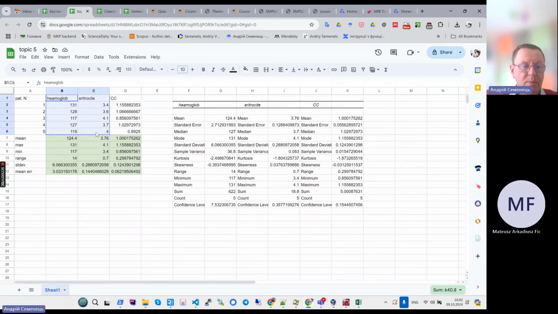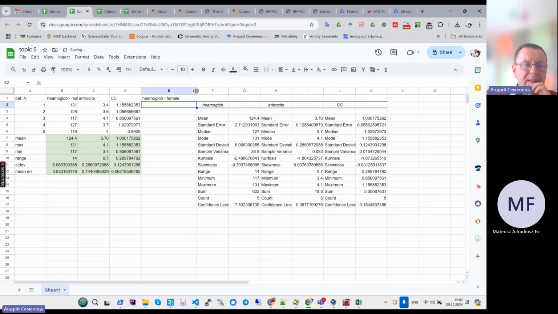So here we have, let me add the hemoglobin. That will be for male. Female. So let me analyze and compare data from column B to E.